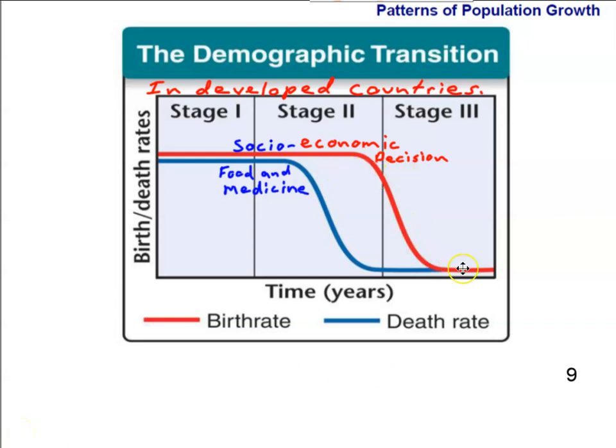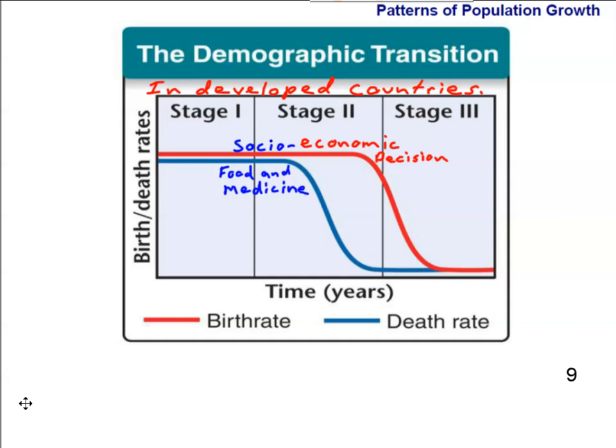And that's what we've seen happen in more developed countries, as opposed to less developed countries. But less developed countries are developing, so in time, all countries may end up traversing the demographic transition and slowing their population growth. And that's how global population is eventually going to level off, hopefully.